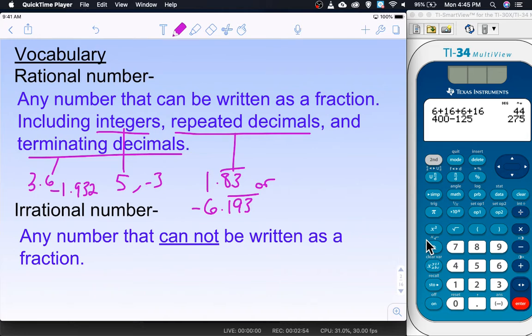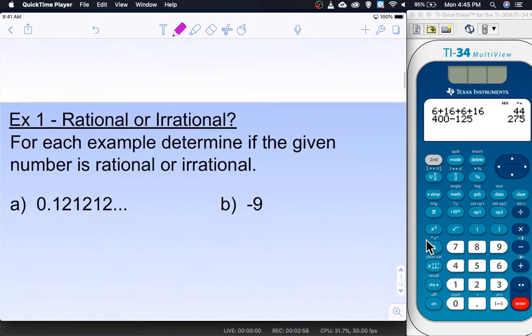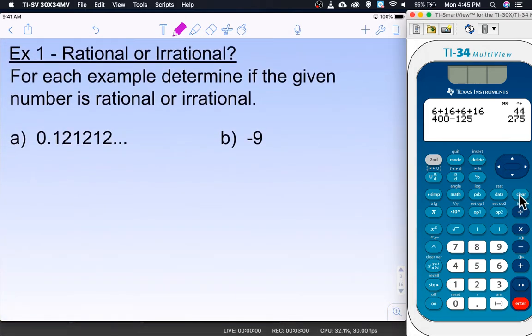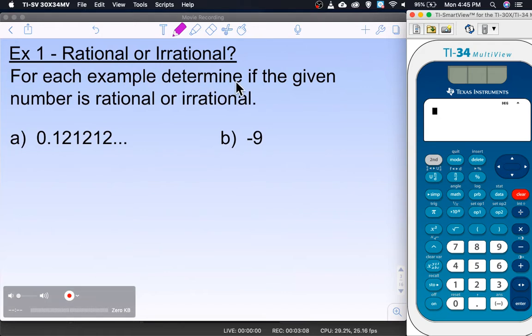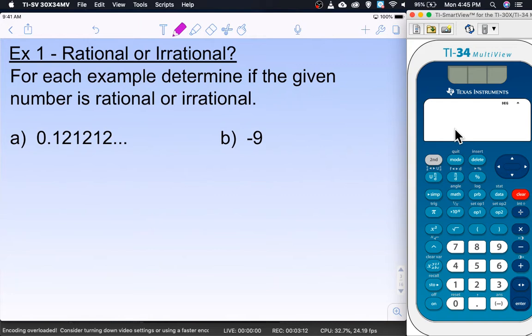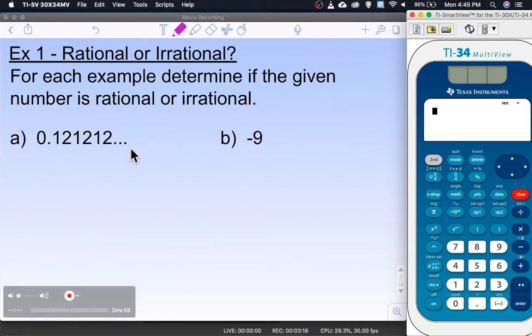So let's figure out how we can tell them apart. For each example, determine if the given number is rational or irrational. Okay, so our goal: is it rational or not? Looking at example A, I want to know, is this rational?